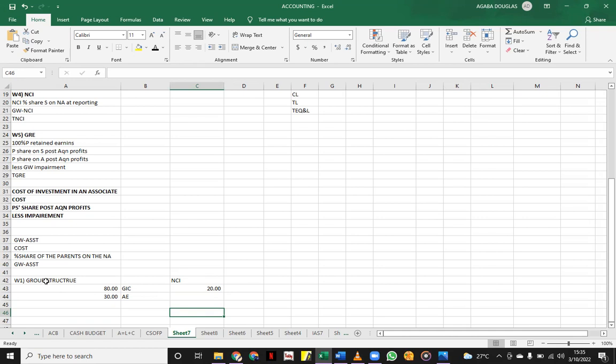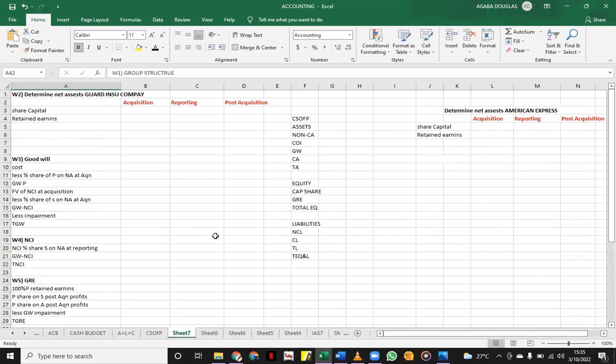After looking at the group structure, we now need to determine the net assets of GAD insurance company. They have told us that the share capital, like I said, was 840,000. So we'll put that in, and then they had a retained loss of 56,000. Because it is a loss, we need to put it into the system as a loss.